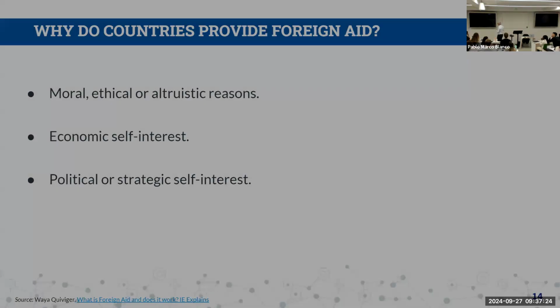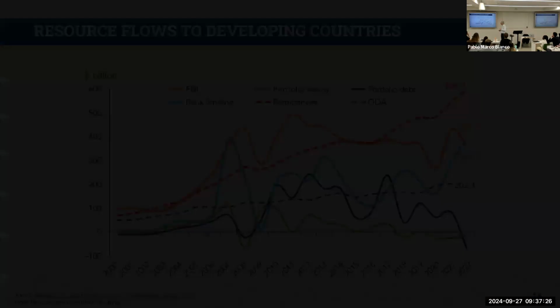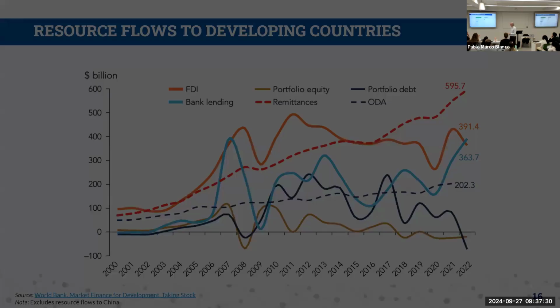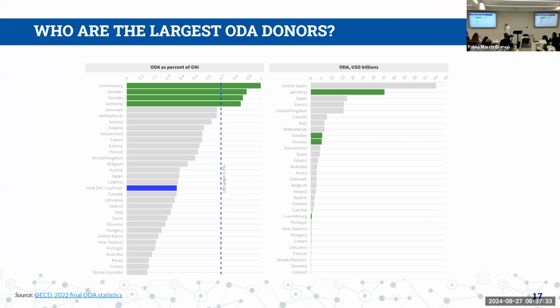Okay. Good. So you can see here a list of the largest donors as a percentage of their GDP, and here in total. I think it's interesting now to look at the total. The biggest one is the United States. Second is Germany, then Japan, France, UK.